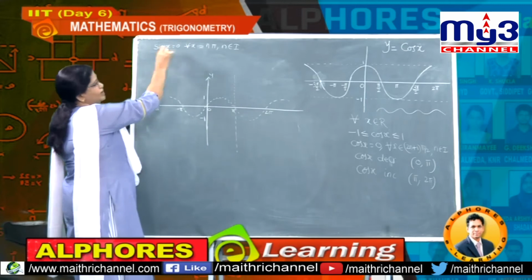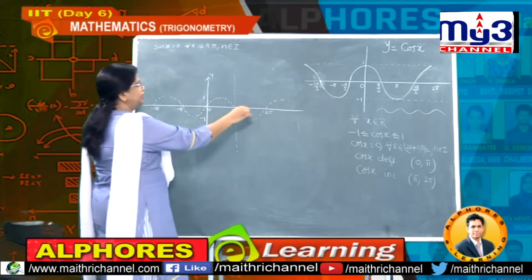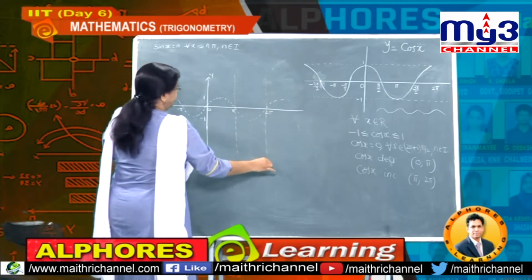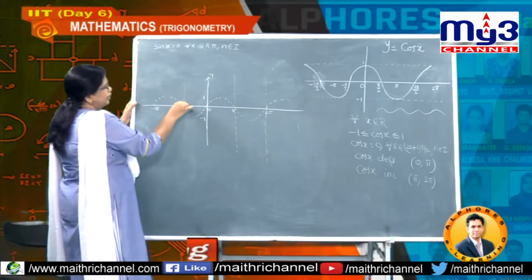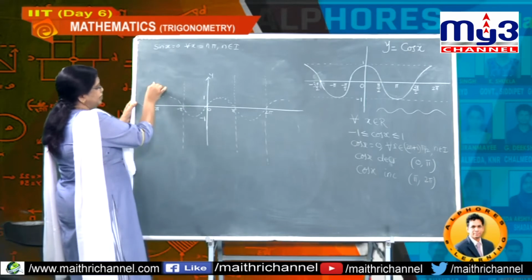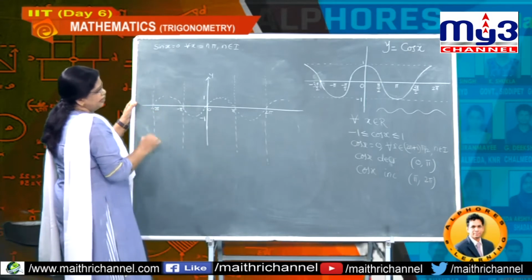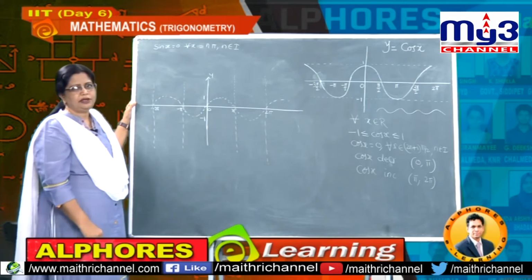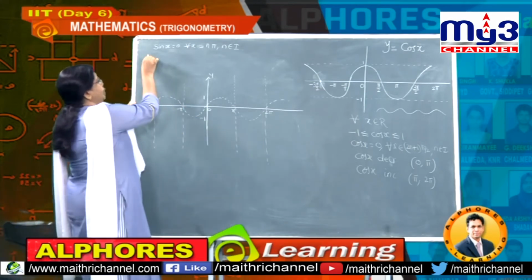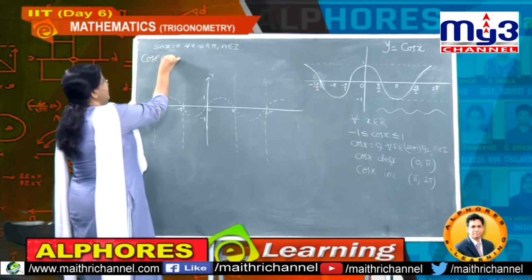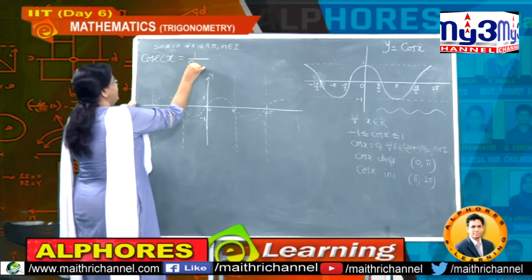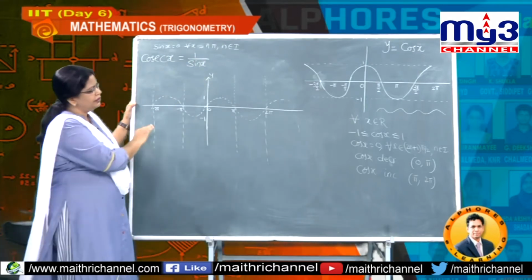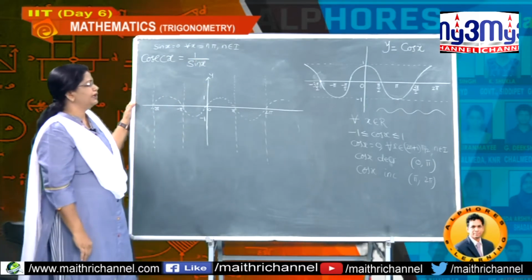Understand, wherever it is 0, and again here I am drawing a line parallel to the y axis. Let us draw here also a line parallel to the y axis, and this one also. Like this, all the lines we draw parallel to the y axis exactly where the denominator is becoming 0. Wherever the denominator is 0, at those points you have to take lines parallel to the y axis.